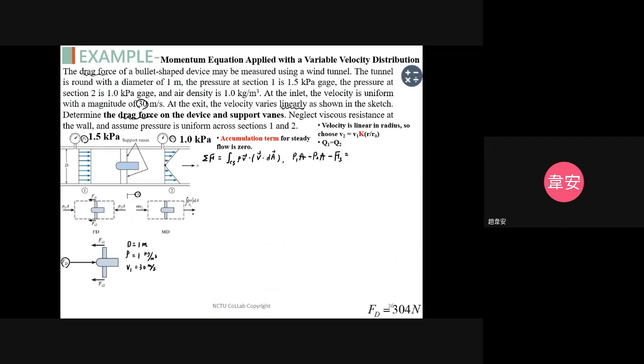So the momentum flow, for the momentum diagram shown here, we have the outflow and the inflow, and at the outflow cross section, the velocity is non-uniform, so we need to use the integration operator on the right-hand side, and there is a rho and the V2 squared and the dA.